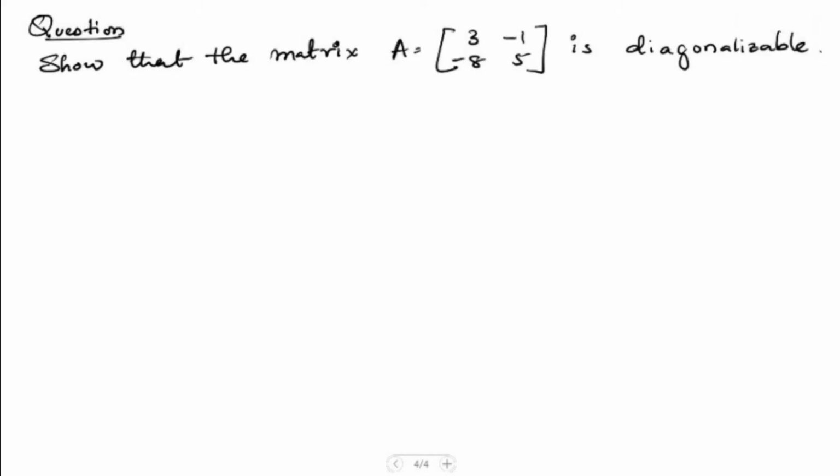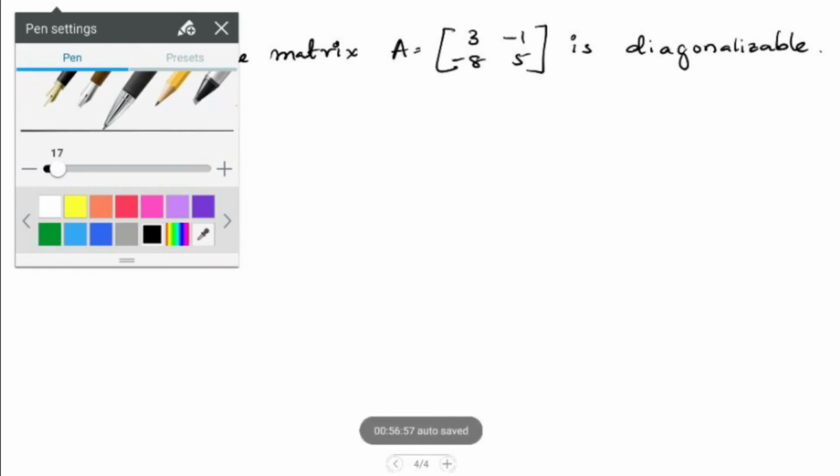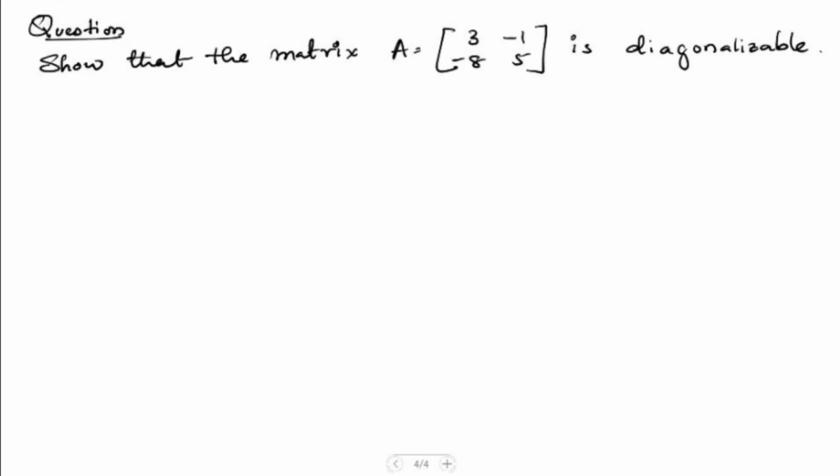If this matrix has to be diagonalizable, we know that it needs to fulfill the condition that P inverse times the matrix A times P should be a diagonal matrix, right? So if we have to show that A is diagonalizable, it should fulfill this condition.